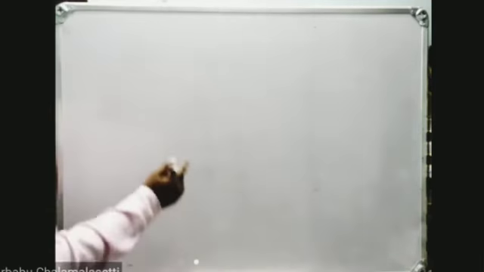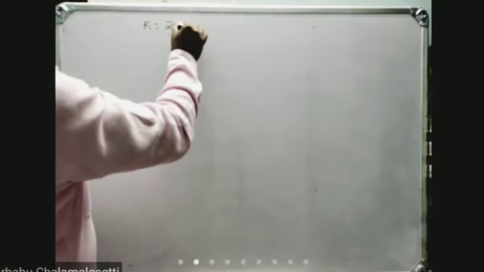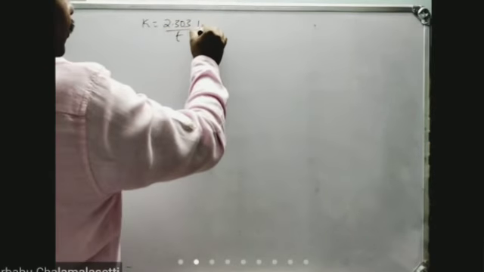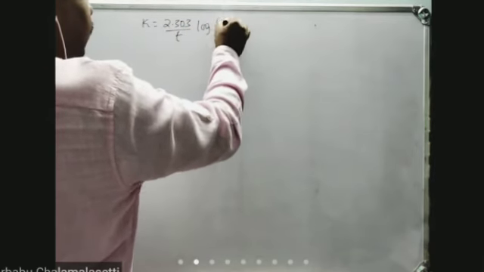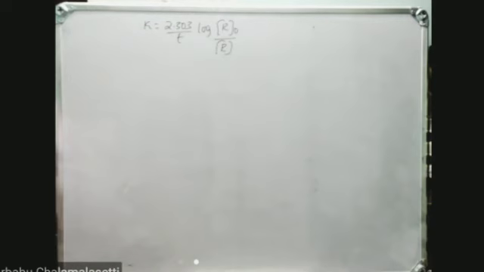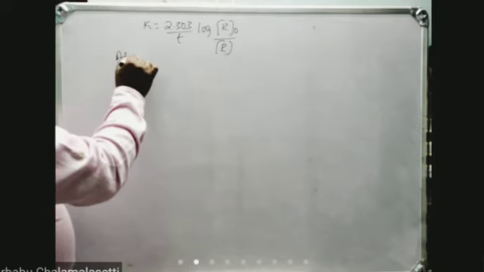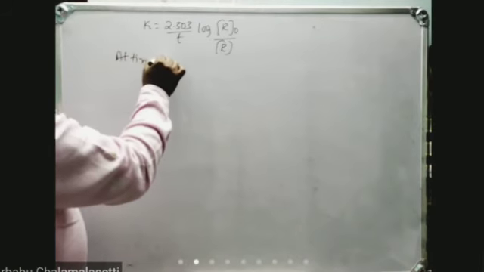Now, for the first order reaction, k is equal to 2.303 by t into log of the initial concentration over the concentration at the time t.